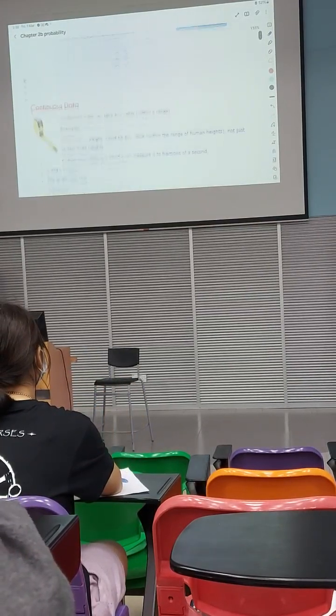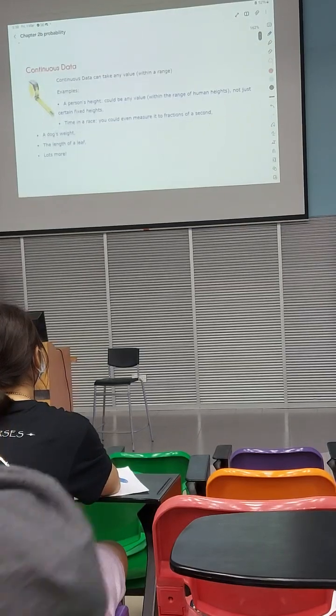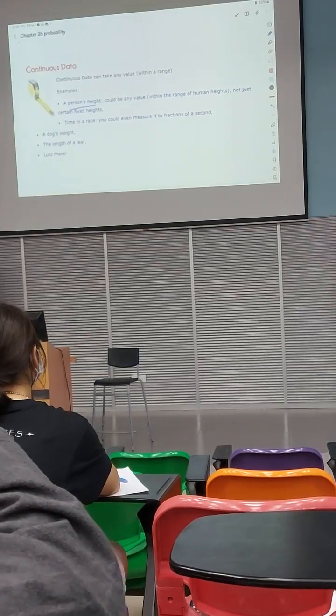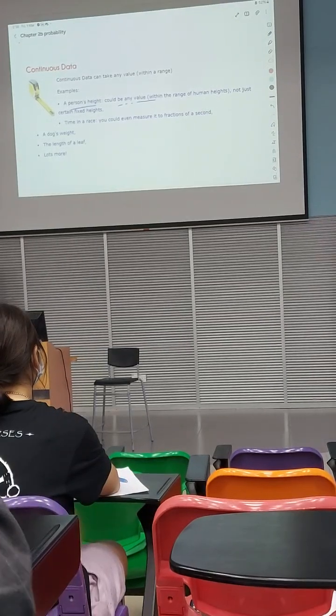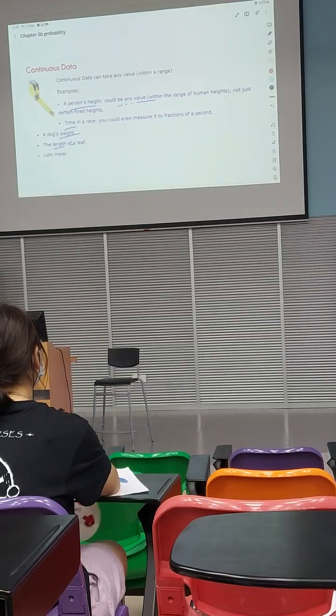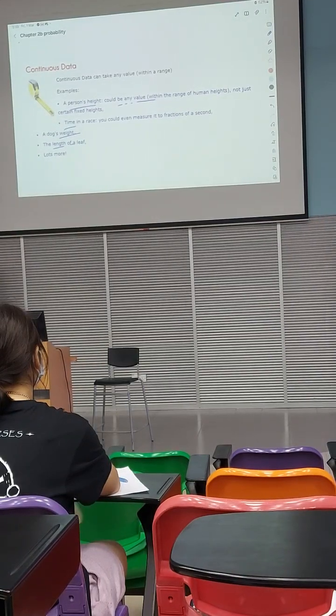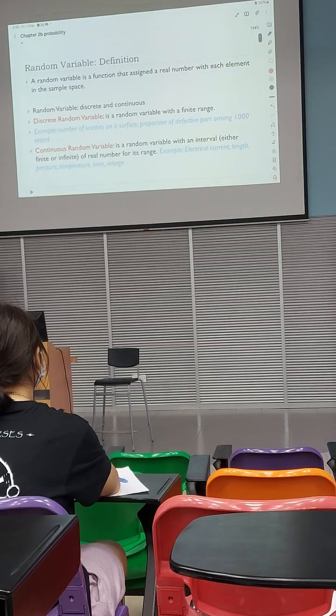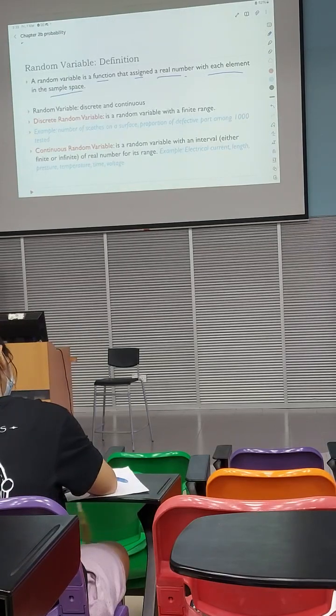How about continuous? Again, as I mentioned just now, it could be a person's height, any value within a range. It could also be time, weight, length, and a lot more. So these are examples of continuous random variables. By definition, a random variable is a function that assigns a real number to each element in the sample space.